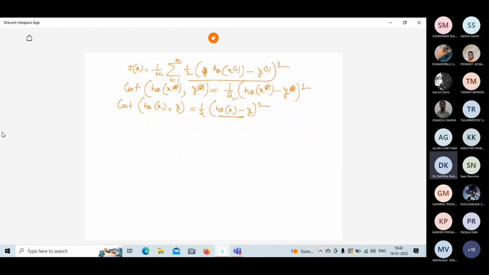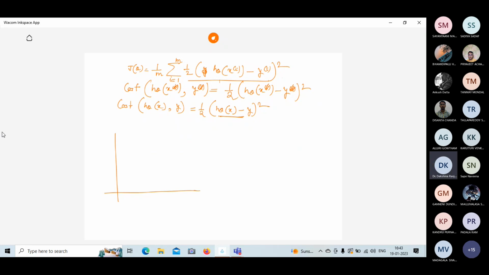Now what will happen if we use the cost function of linear regression to define the cost function for logistic regression? Now how will the cost function j theta look?